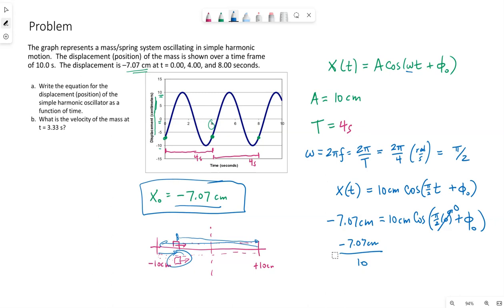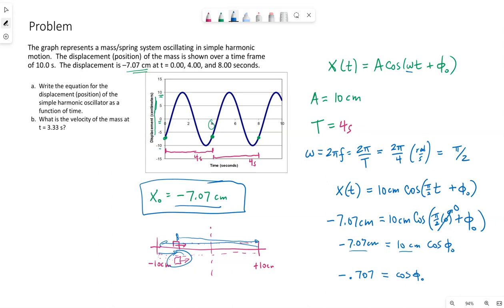We probably shouldn't skip steps yet. So right now, I have negative 7.07 centimeters is equal to 10 centimeters cosine phi naught. So I need to divide both sides by the 10 centimeters. So I'll have negative 0.707. The units are going to cancel, and that will equal cosine of phi naught.